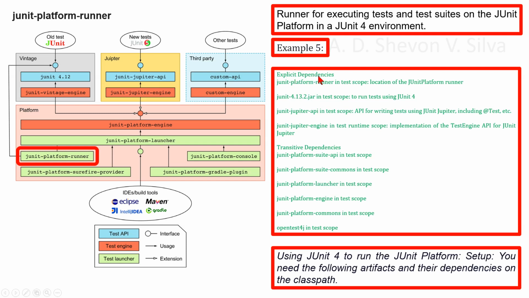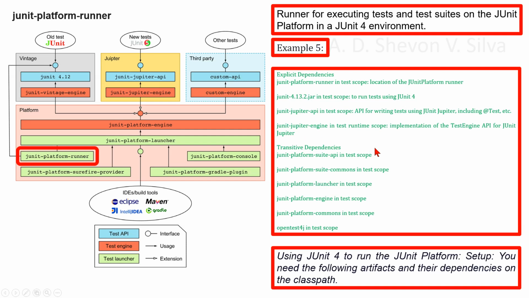Explicit dependencies: junit-platform-runner in test scope, the location of the junit-platform-runner; JUnit 4.13.2.jar in test scope to run the test using JUnit 4; JUnit Jupiter API in test scope, the API for writing tests using JUnit Jupiter, including @Test, etc.; JUnit Jupiter engine in test runtime scope, the implementation of the test engine API for JUnit Jupiter.